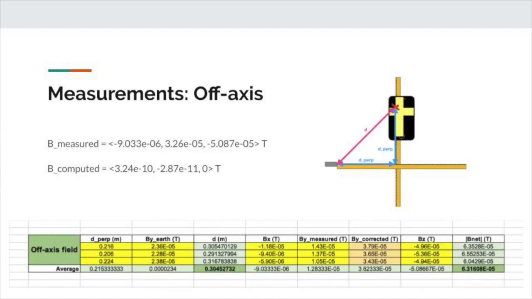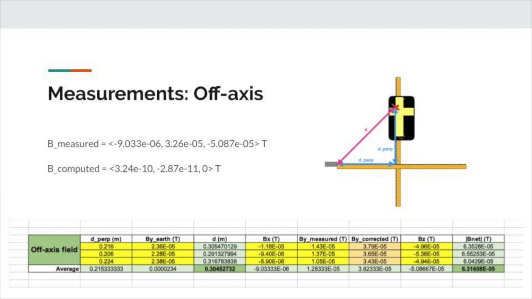For the off-axis measurements, the first step was to find the distance between the magnetometer and the magnet when the x component of the magnetic field was equal to 100 microteslas, and then move the magnetometer perpendicularly to the first location, the same distance, so that the d distance would be that between the magnetometer and the magnet at a 45-degree angle.